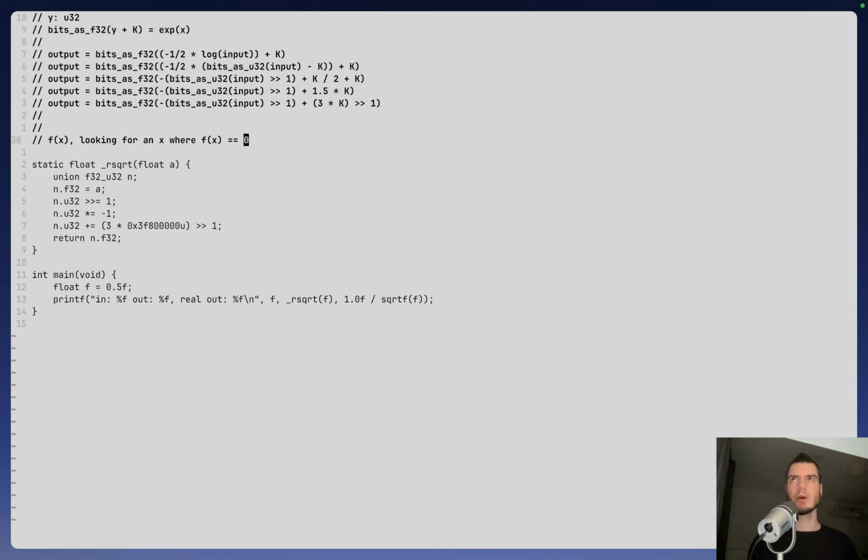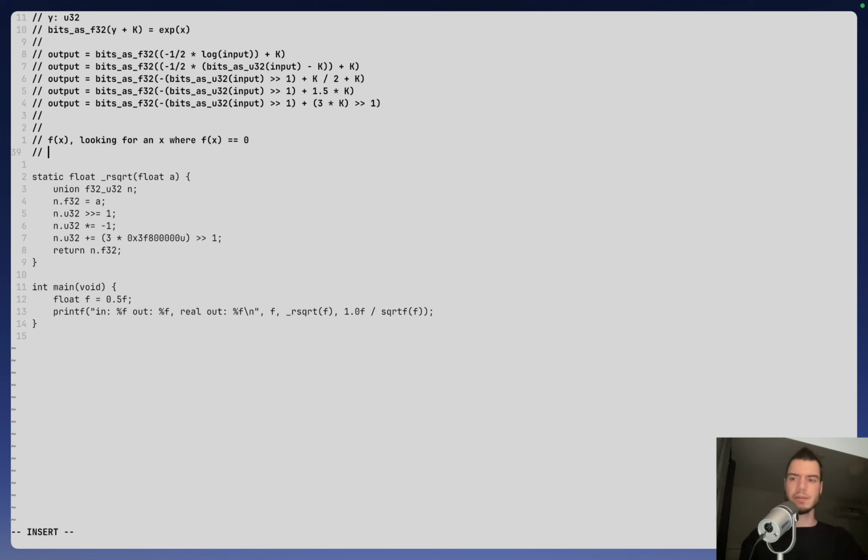So we need to find some way to invent some function that is going to be 0 when we've done our job correctly. What we could do is take the inverse of our function, apply that to the result that we think is correct. And if we are actually correct, we should get back the original input value.